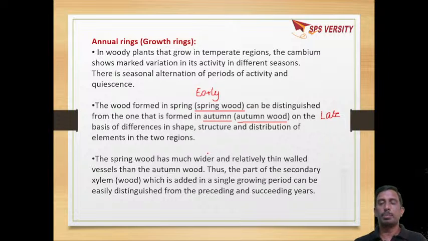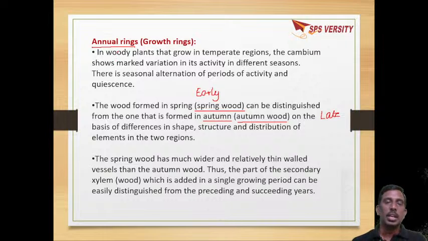This spring wood and autumn wood combined is called a growth ring. So every year one annual ring is formed, इसलिए इसको क्या बोलते हैं कि annual ring. So by counting the number of rings, we can calculate the age of the trees.